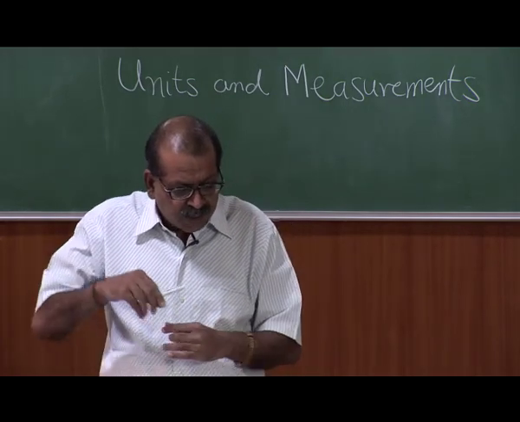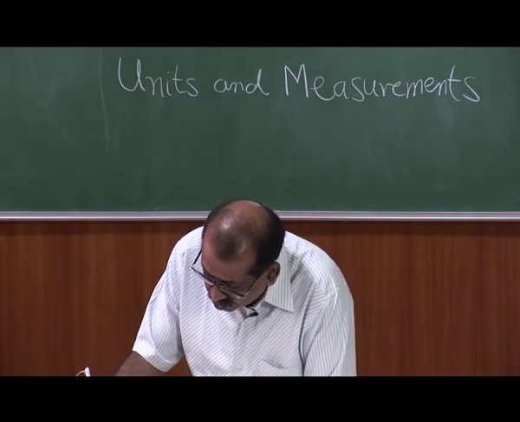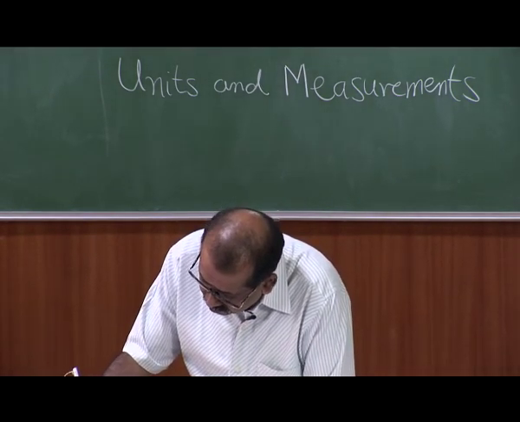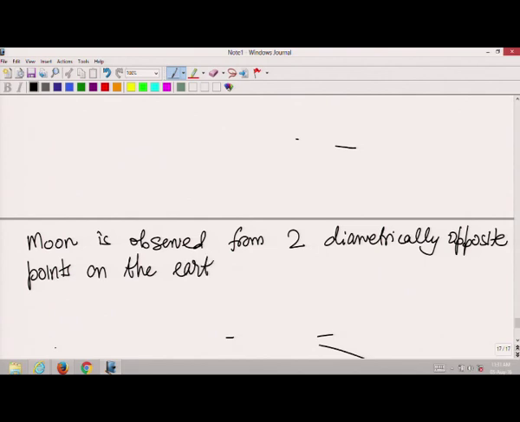Now, the problem here says: the moon is observed from 2 diametrically opposite points on the earth.